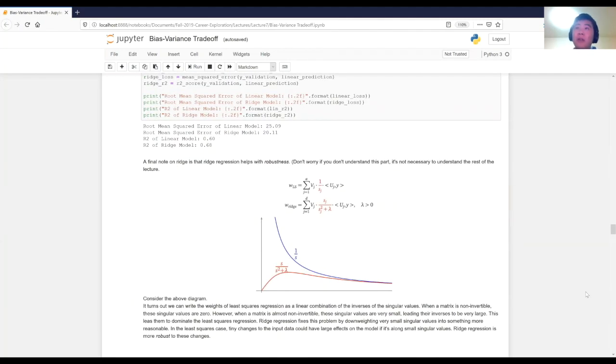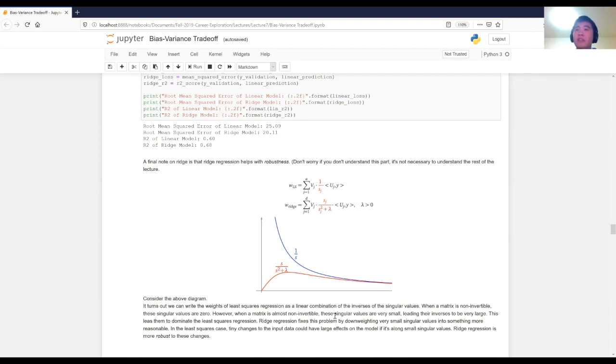However, if the value of S is really small, then its corresponding weight in ordinary least squares becomes very large, and it tends to dominate the expression. The closed form of ridge has a slightly different weight of S over S squared plus lambda.